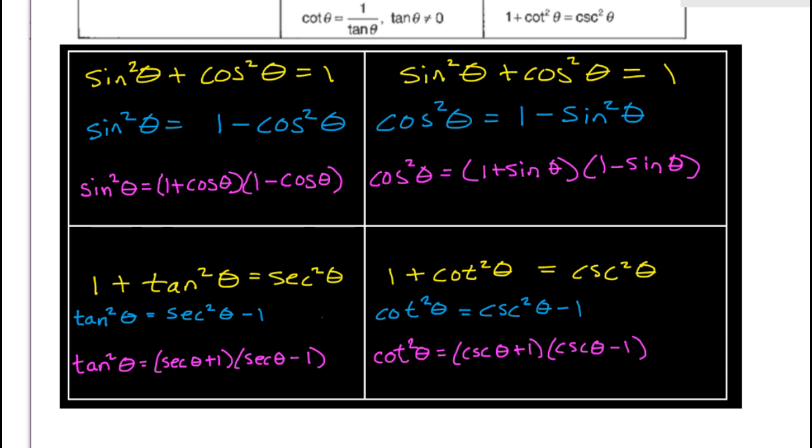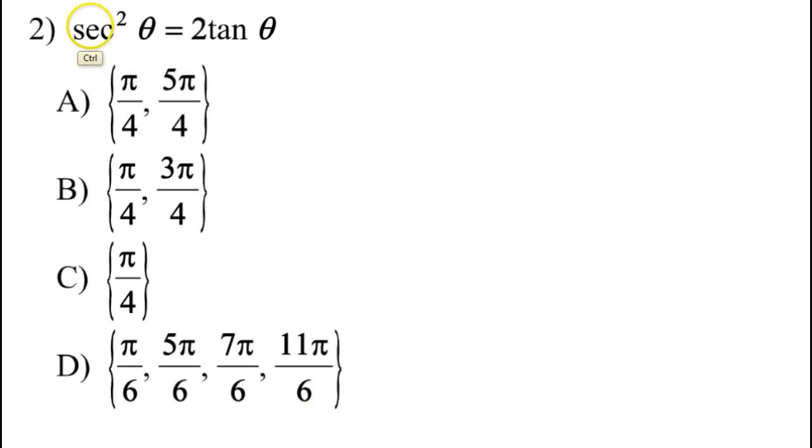You go ahead and make that a reality, and in the meantime, let's use it. So notice the lower left-hand yellow here. It says that secant squared is equal to 1 plus tangent squared. That's what we're going to use right now. So I'm going to replace secant squared with 1 plus tangent squared.